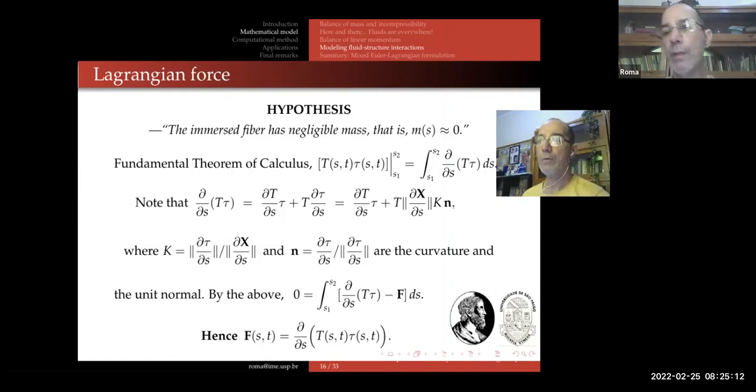So how do we do the connection now that I know how to model the elastic force on the fiber? I know that this kind of force is being generated by the fiber. How do I take it into account in the fluid equations, right? This is a question. I have to connect both.